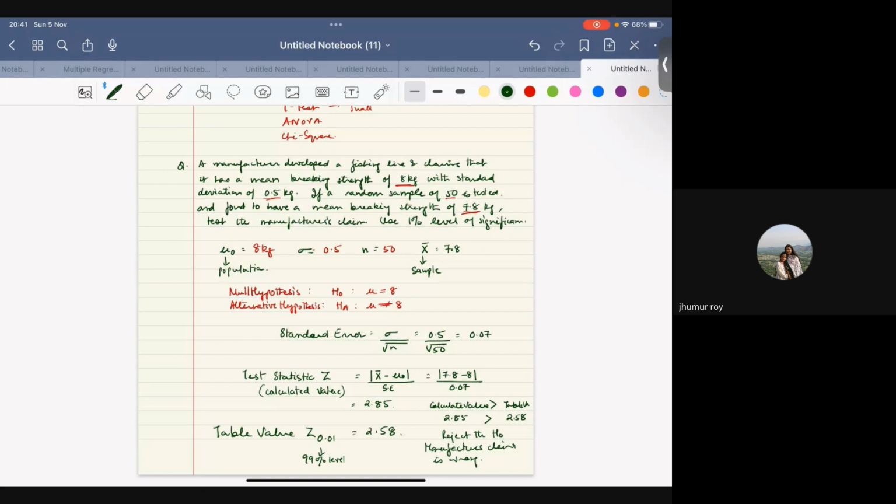In the last page, you will get those tables where it is written as Z table, T table, chi-square table. Those values are the fixed values. We always have to compare with the fixed values.